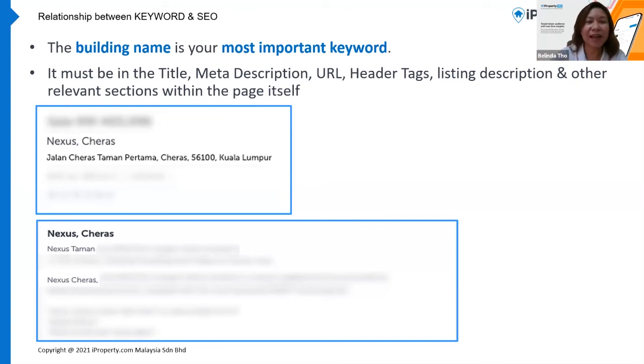As far as your advertisement on the iProperty website is concerned, there is a strategy, which I think I'm going to cover in other sessions: how to make your advertisement always appear on page one, having a higher possibility to appear on page one in the iProperty website. When we are talking about SEO here, it is more referring to search engines like Google, Yahoo, Bing, these kinds of places.